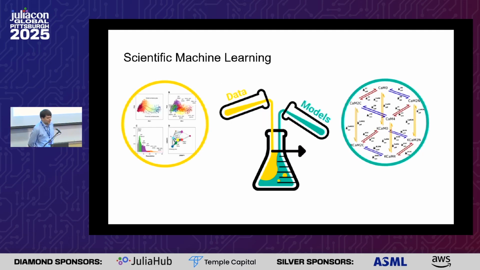Hello. So, as we've seen in other talks, we have the field of scientific machine learning, and as we know, this combines the idea of using our existing mechanistic scientific models with experimentally acquired data, and how we can best combine them to produce better results and to fill in missing gaps.